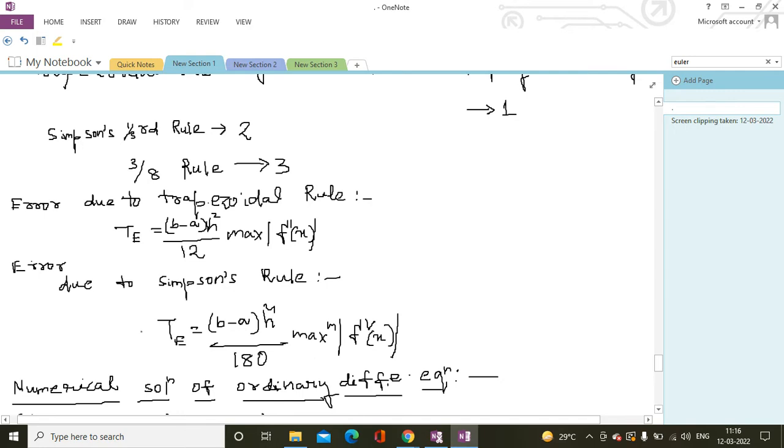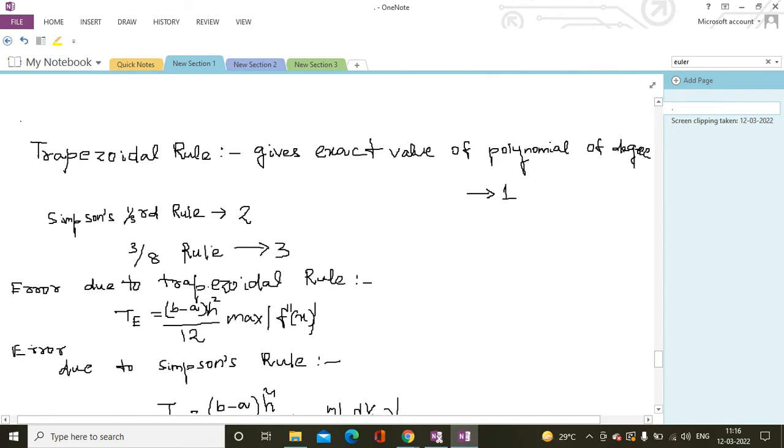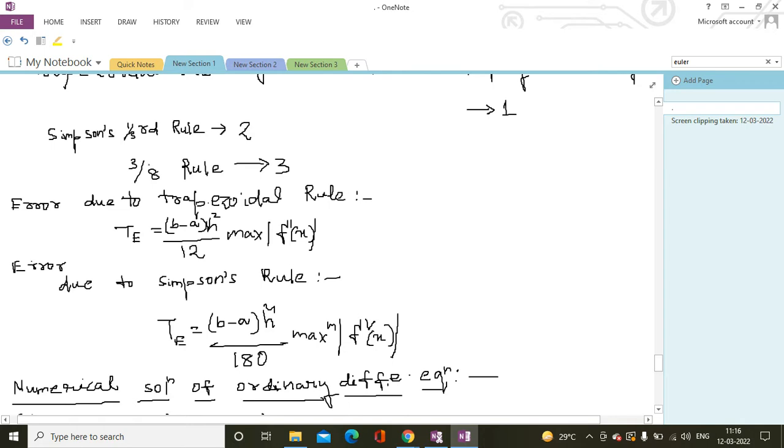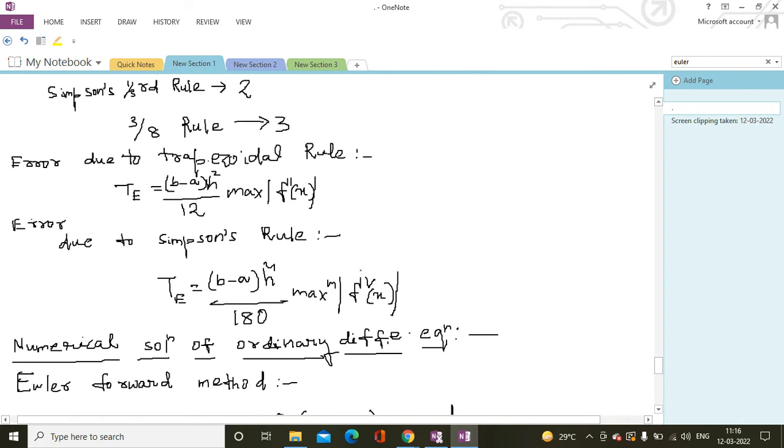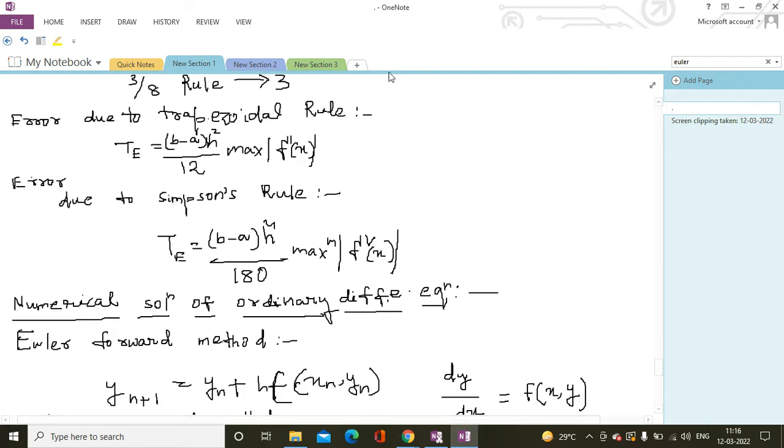So in case of Simpson's rule, as we studied, it gives exact value for 3 degree polynomial, so f 4x will be 0, so error will be 0. And for trapezoidal rule, it gives exact value for polynomial of degree 1, so f double dash x will be 0, so error will be 0, right guys?